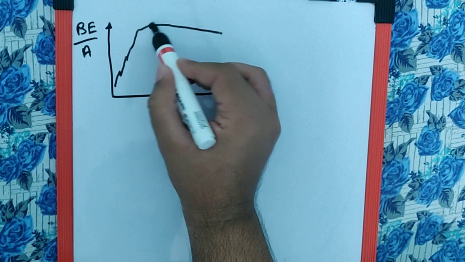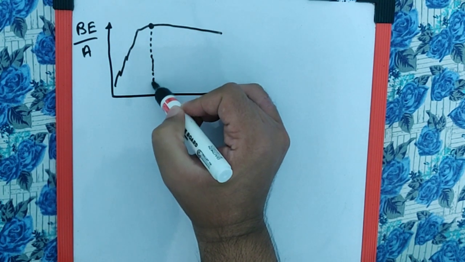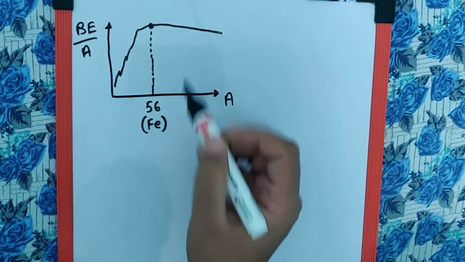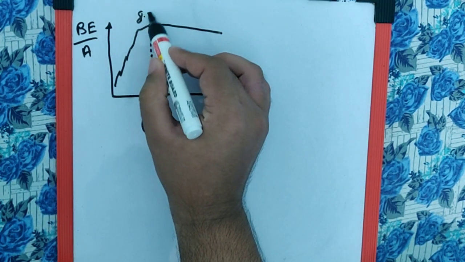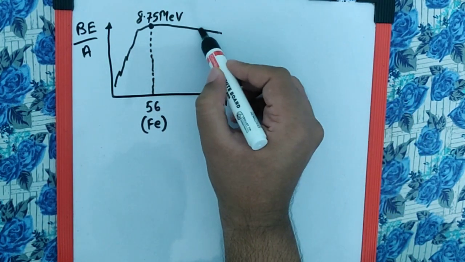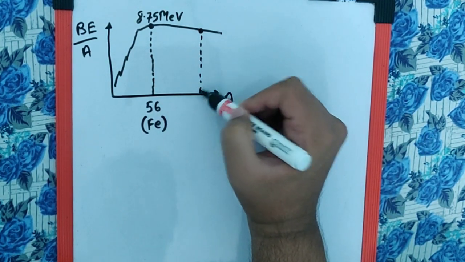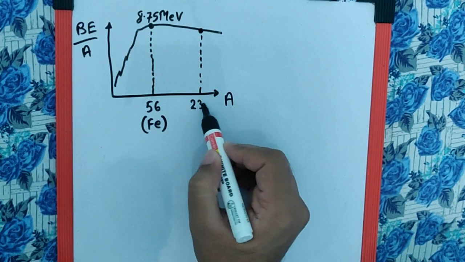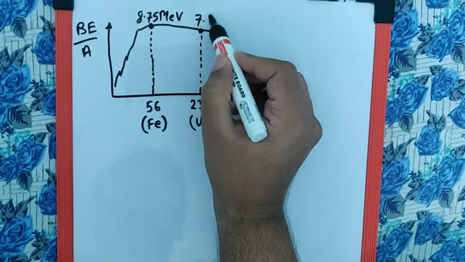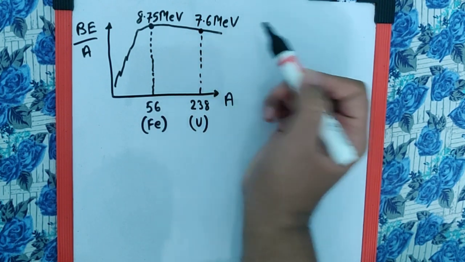So we reach a point where there is a maximum binding energy per nucleon for atomic mass number 56, which is iron, and the binding energy per nucleon is 8.75 mega electron volt. For another element, with atomic mass number 238, which is uranium, the binding energy per nucleon is 7.6 mega electron volt.